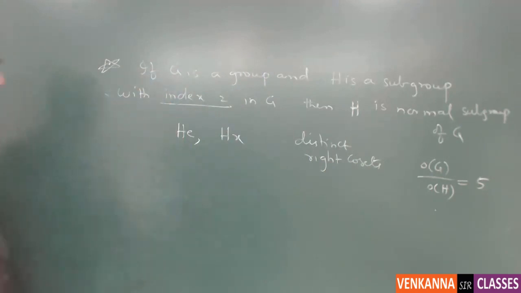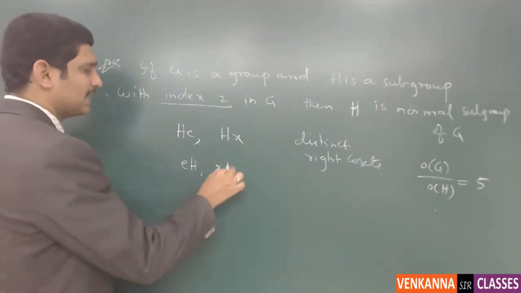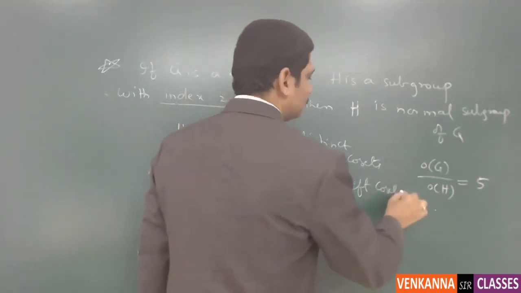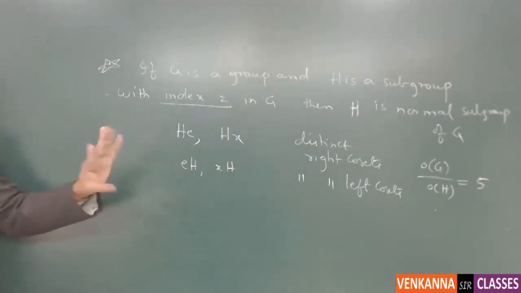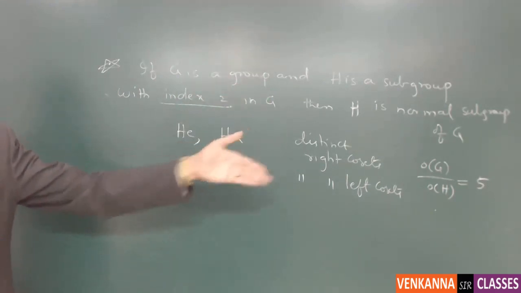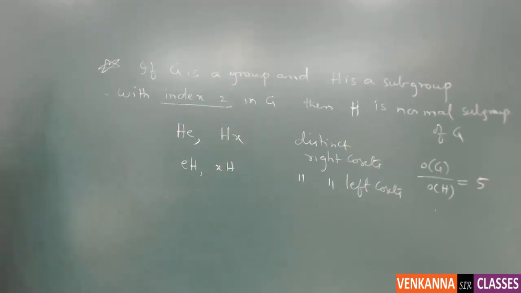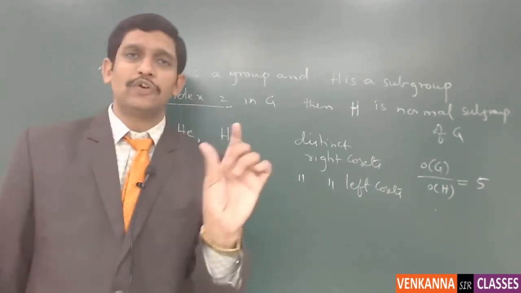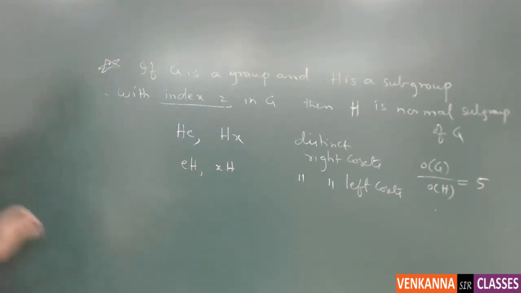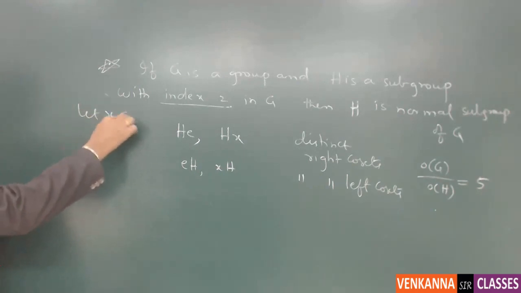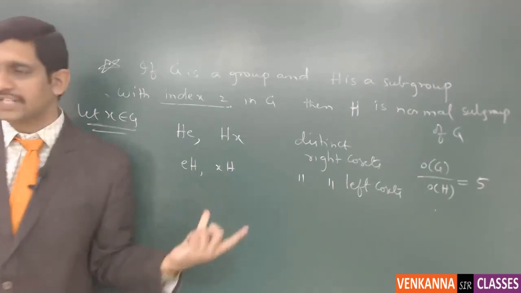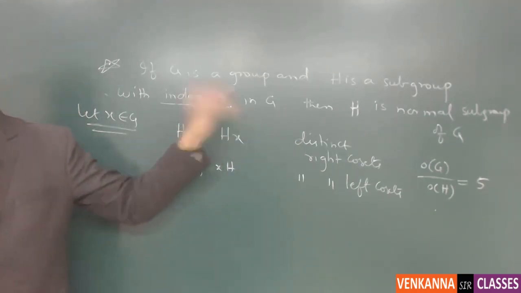If we write left cosets, eH, xH are distinct left cosets. Apart from this, you will not get any other coset because the index is 2 only. Whatever coset you consider becomes equal to either this or this. So if you calculate any left coset, it is equal to this one or this one. That's it. If you take an element x belongs to G, then these are the only right cosets and these are the only left cosets, from the data that index 2 is given.